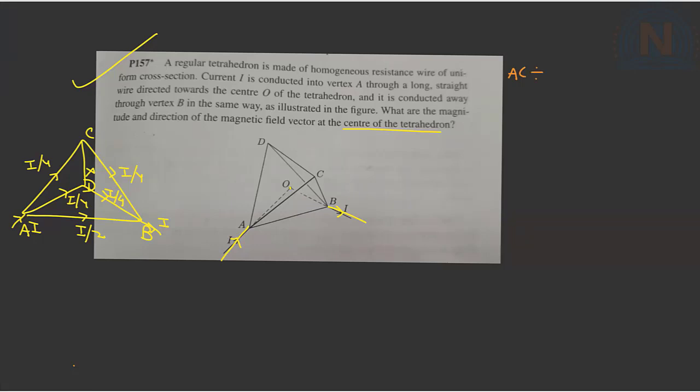I'm using the fact that the direction of the magnetic field because of current in AC is along the DB direction, and whatever is the magnitude of the field at the center because of AC, it has a current of I by 4, because the magnetic field is directly proportional to current. And all the other terms are geometry terms, 3D geometry terms, dl cross r, they are only geometry.